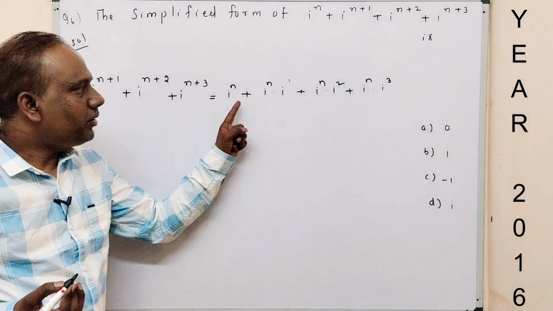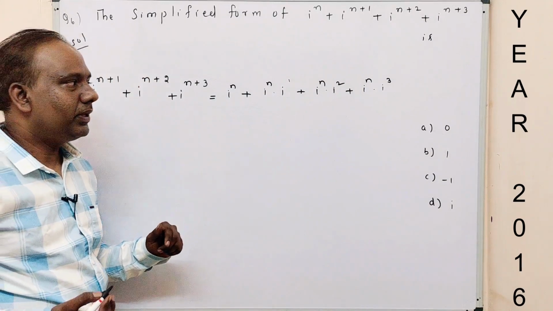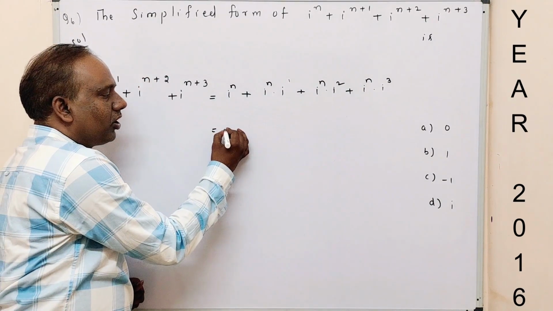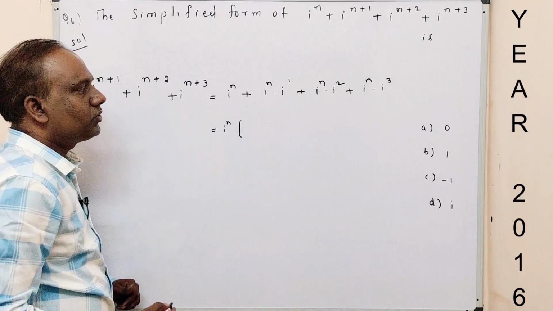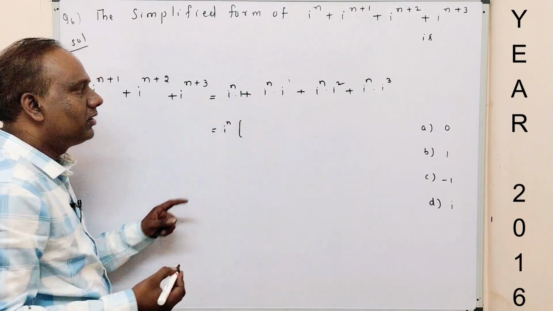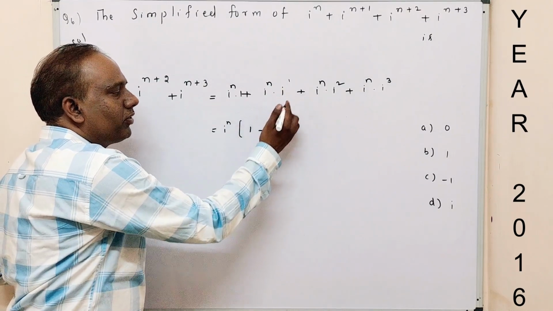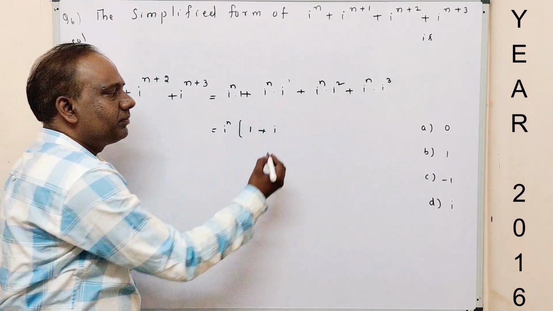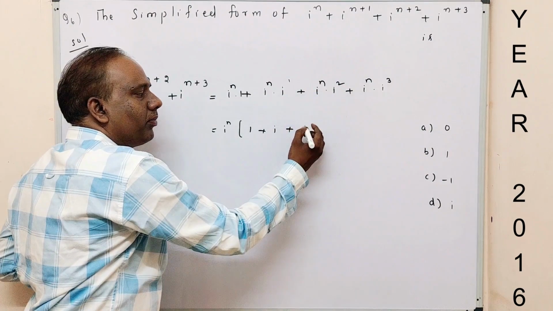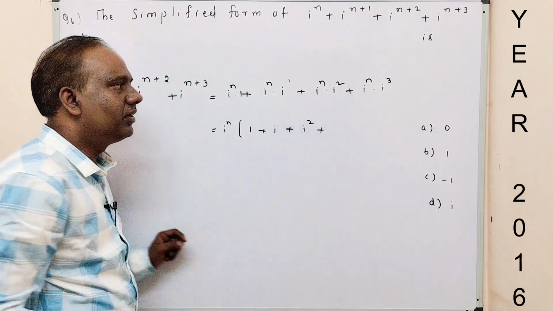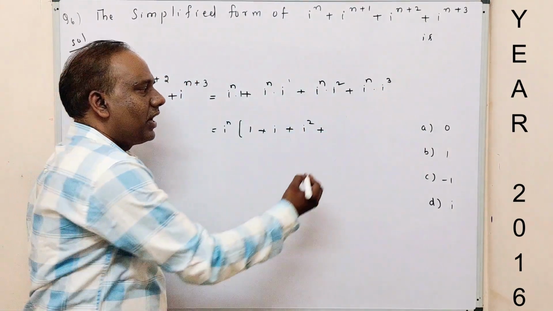So here i power n is common. Please take i power n common. Common i power n means remaining is 1, then i, then i square, then i cube.